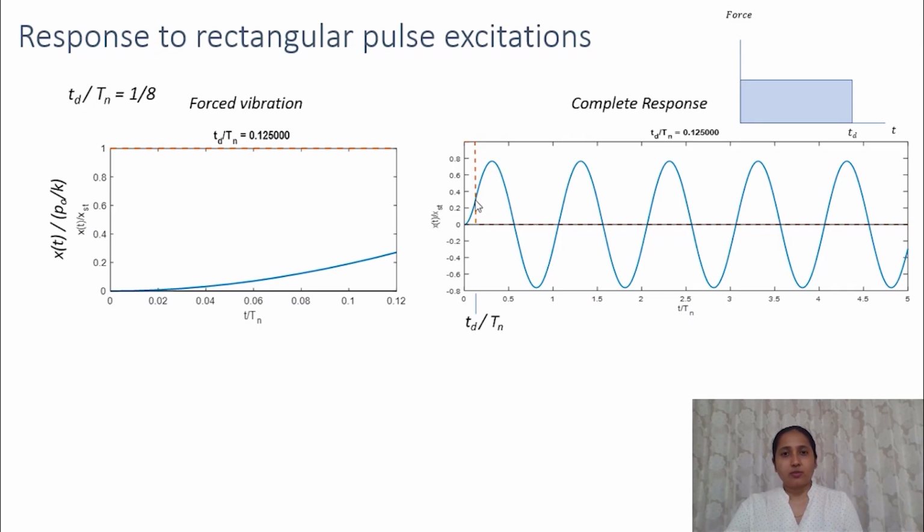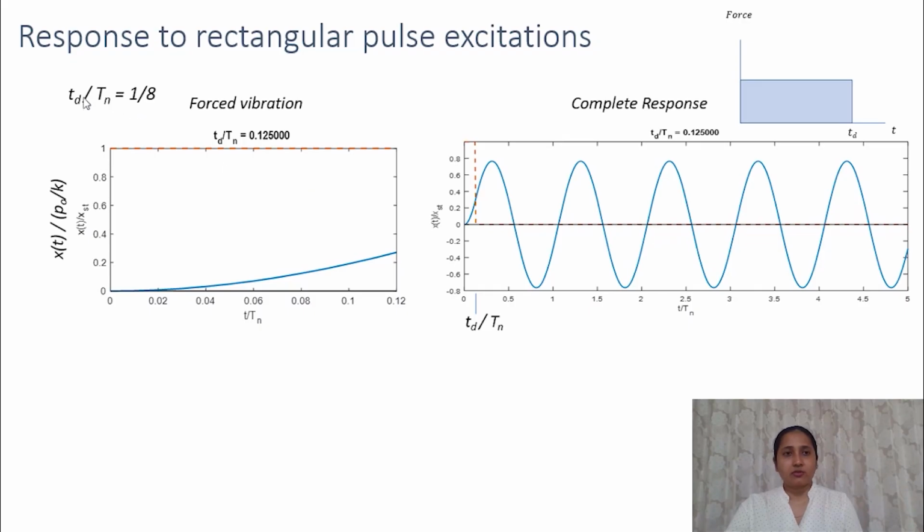Depending upon the displacement and velocity at time equal to td, the system will undergo free vibration, and the free vibration amplitude is higher than the forced vibration amplitude. As you can see from this figure, the maximum amplitude of this response happens after the pulse.